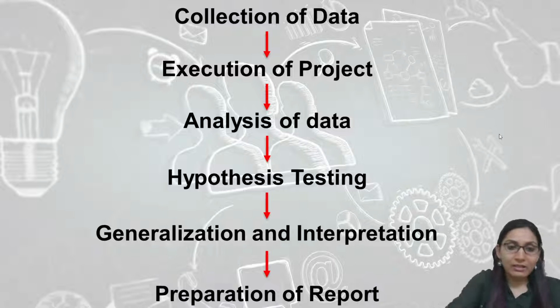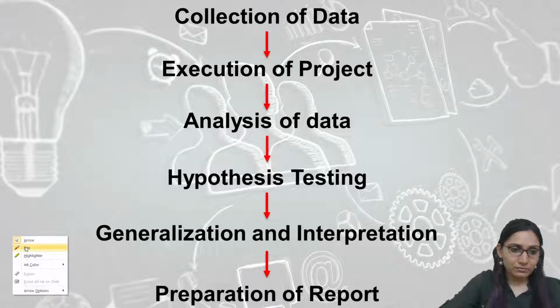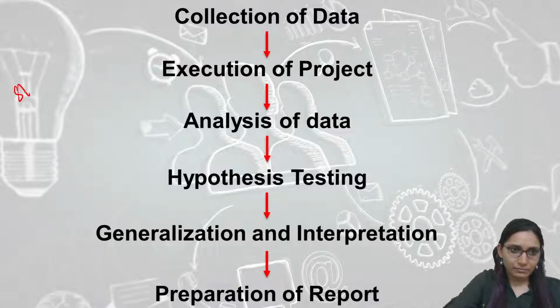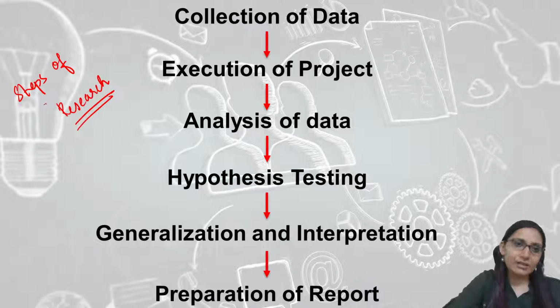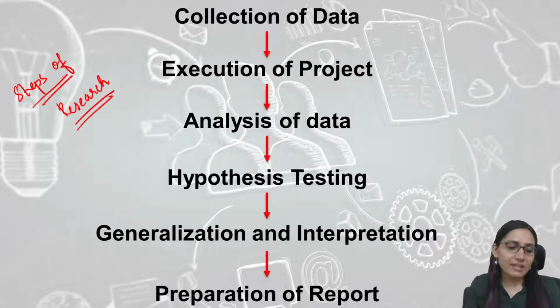So these are the various steps involved in a research process, or we can say steps of research. We were taking up each step in detail to see the complete picture of it.